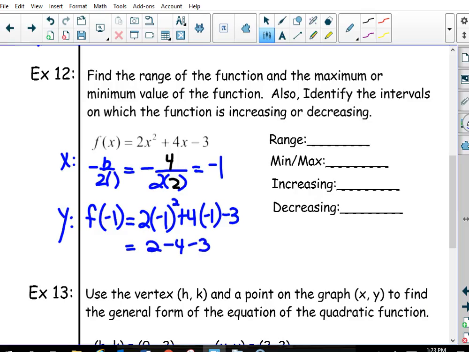It looks like we get a -7 plus 2 or a -5. So our vertex is at 2, -5, and it's a positive a, so this will be opening up. So let's identify our min-max. It's opening up, so we have a minimum, and that minimum, by the way, it's always implied that you give it a y value. The minimum is at -5. So our range means that all our y values are going to be above or equal to -5.